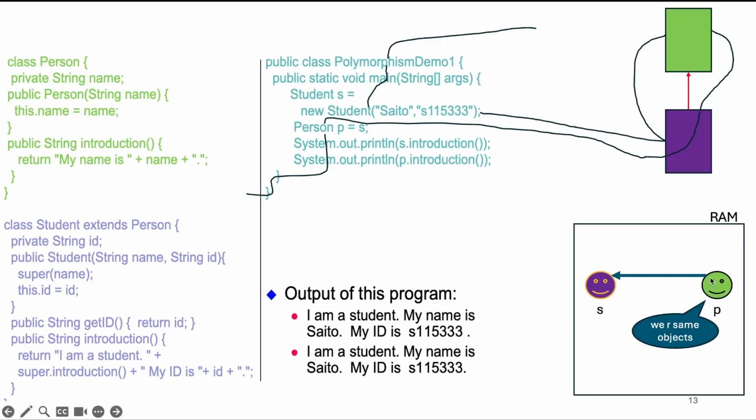Since p is the same as s, this will go to introduction and then the corresponding lines will be printed. So this is how it happens. Notice here the parent was able to create an object of the child. So this is the advantage of polymorphism.